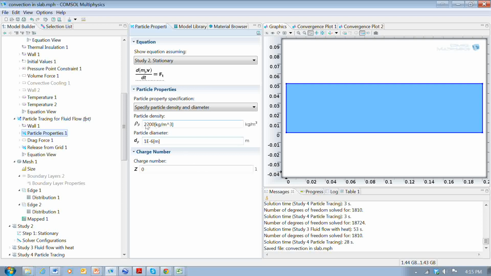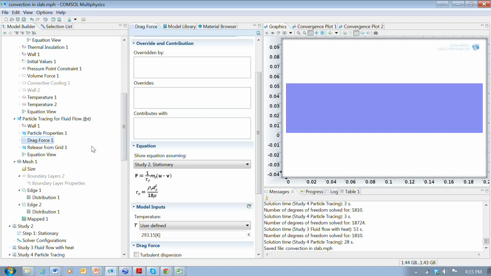These are particles with that density, and this is the particle diameter, so that's 1 micron. So these are like grains of clay suspended in the fluid. And then you need to put in a drag force, and that's what's going to cause the particles to move. So we want to have that temperature.